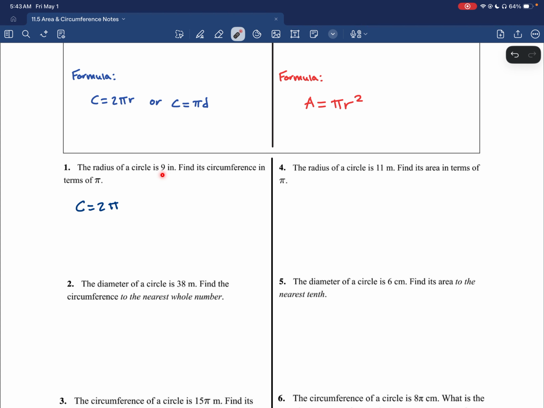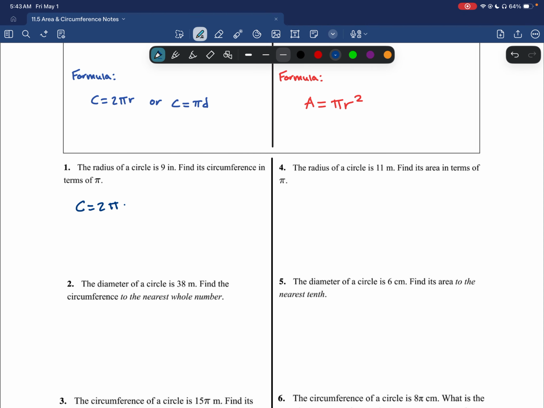Our radius is 9, so I'll say 2 times pi times 9. Now I just need to plug that into my calculator. When I do, I want the first answer it gives me, the answer in terms of pi, which is 18 pi. And that's my answer. Really not too bad.